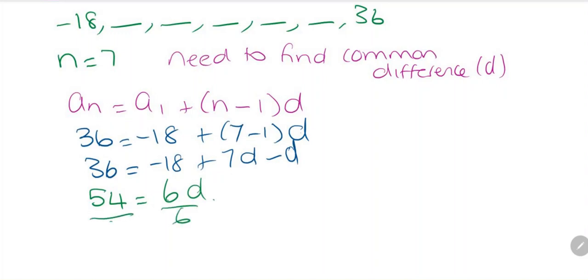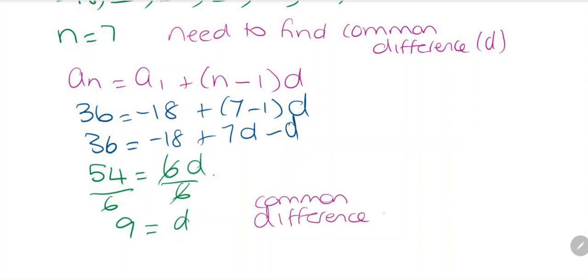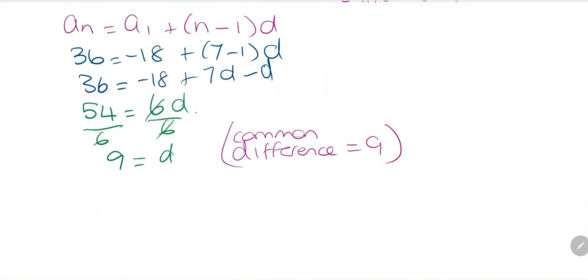So if I divide both sides by 6, d is equal to 9. So the common difference is 9.